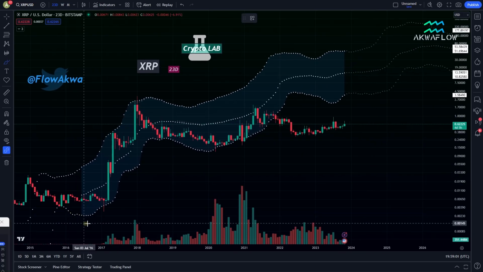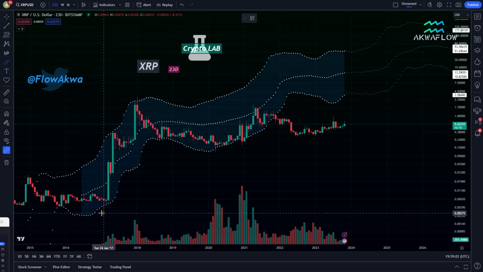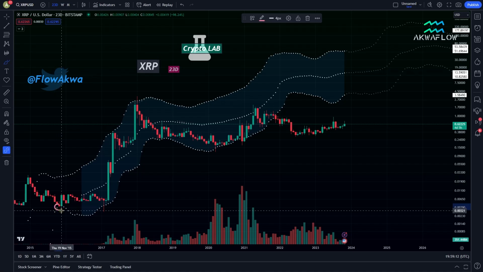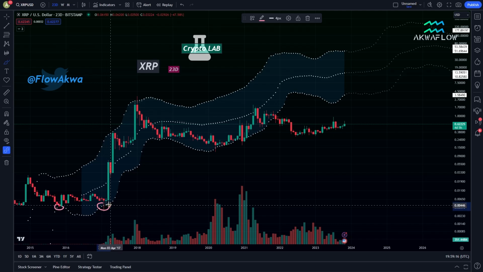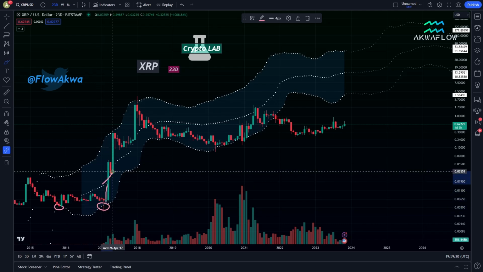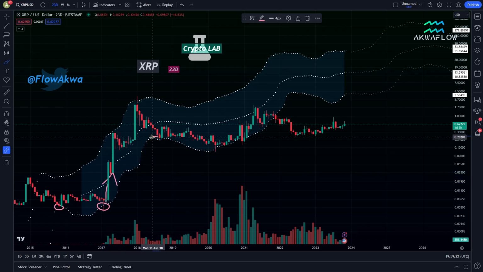And of course, we have the bottom of the band with this line. The bottom of the band is very, very interesting because we have a lot of touching points. As you can see here, it was a wonderful support, right? Then we have this, and it was a second bottom for XRP before the bull run, okay? Then we have this local top during the bear market and this huge move to the upside.